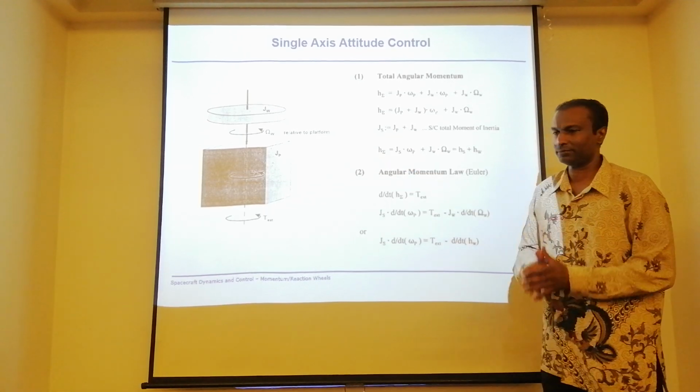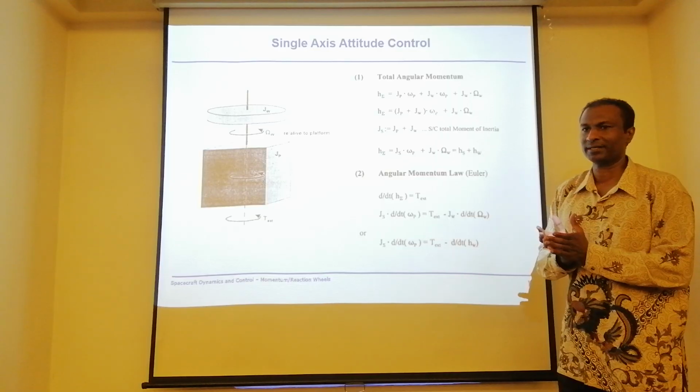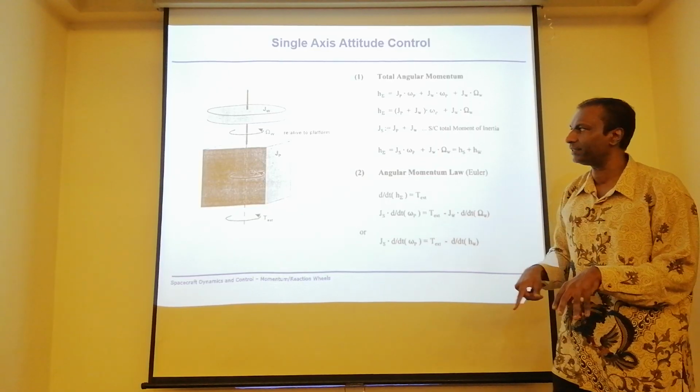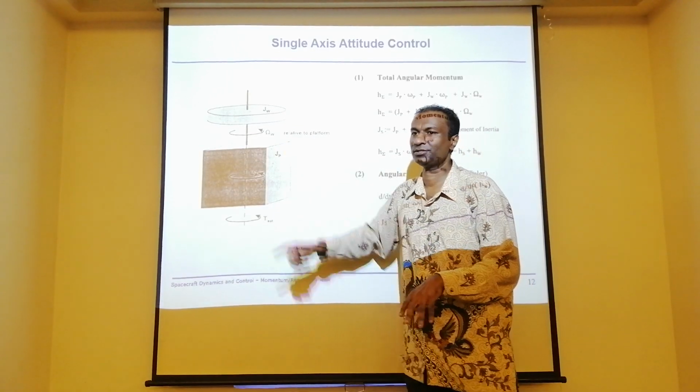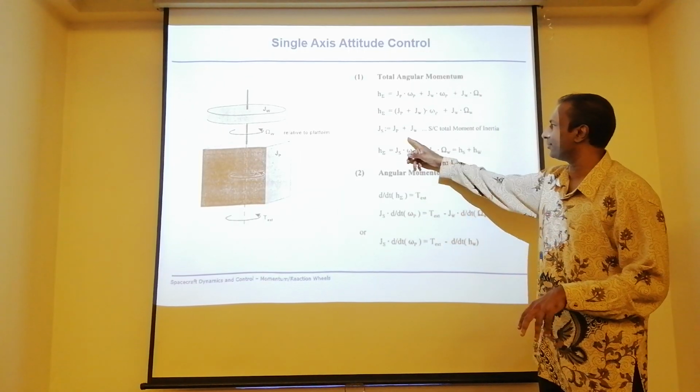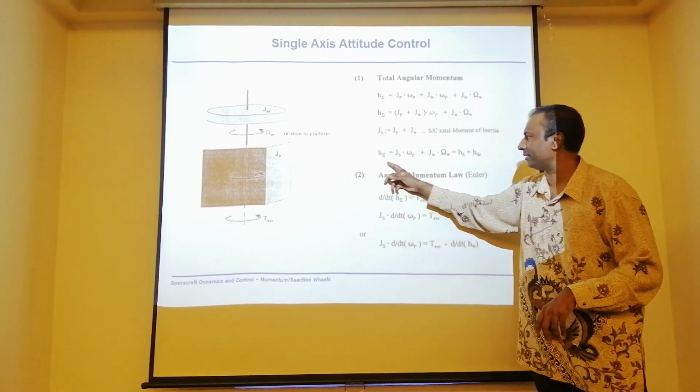So the actual inertia of the satellite is inclusive of the wheel inertia. We're done, so I can rewrite it easily.